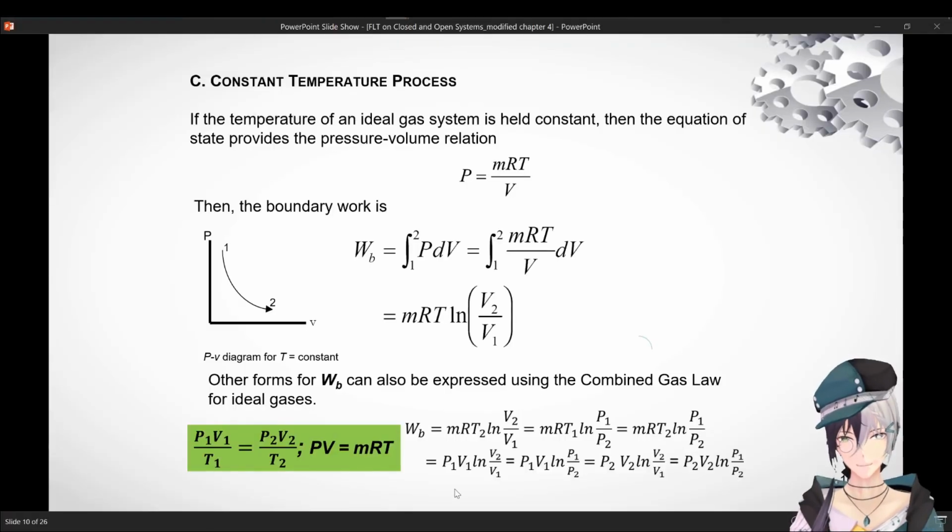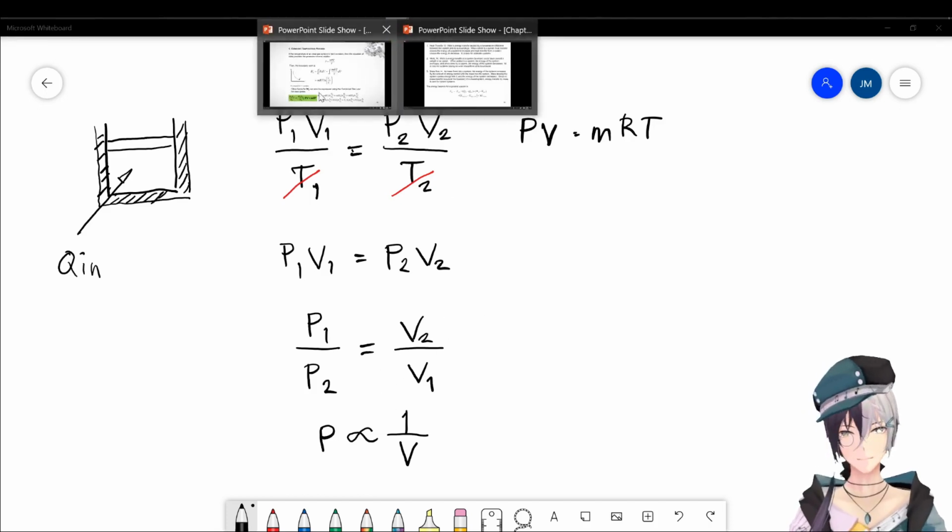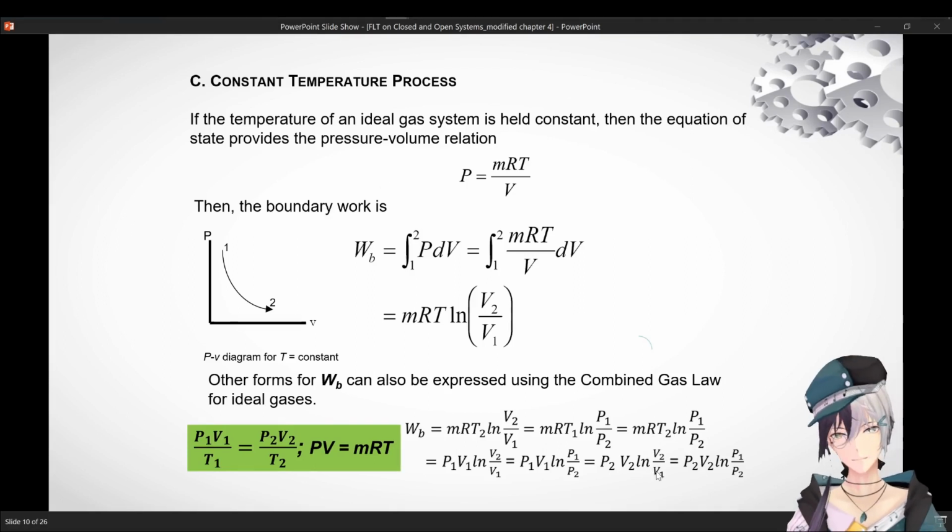So that's why we have this relationship: pressure 1, volume 1, and then ln of volume 2 over volume 1. But the ratio of this volume is equivalent to the ratio of this pressure. So from here, that is where we got it. So these are the forms of boundary work for isothermal process, or constant temperature process.